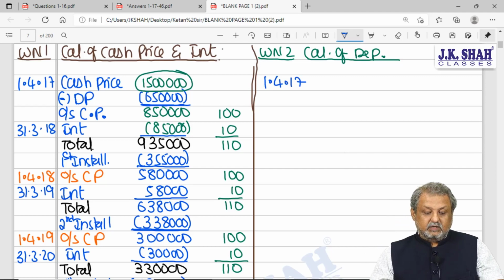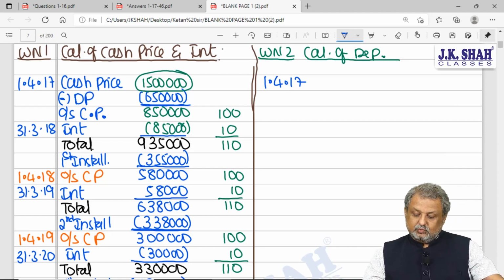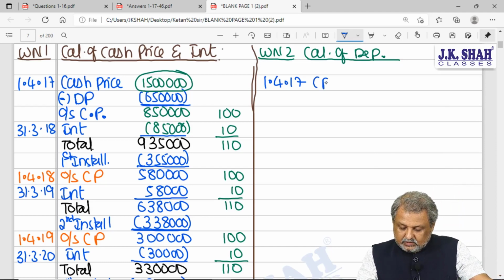How many trucks have they purchased? 1 truck, 2 trucks, 3 trucks. 3 trucks are purchased. So cash price of 3 trucks, 15 lakhs.